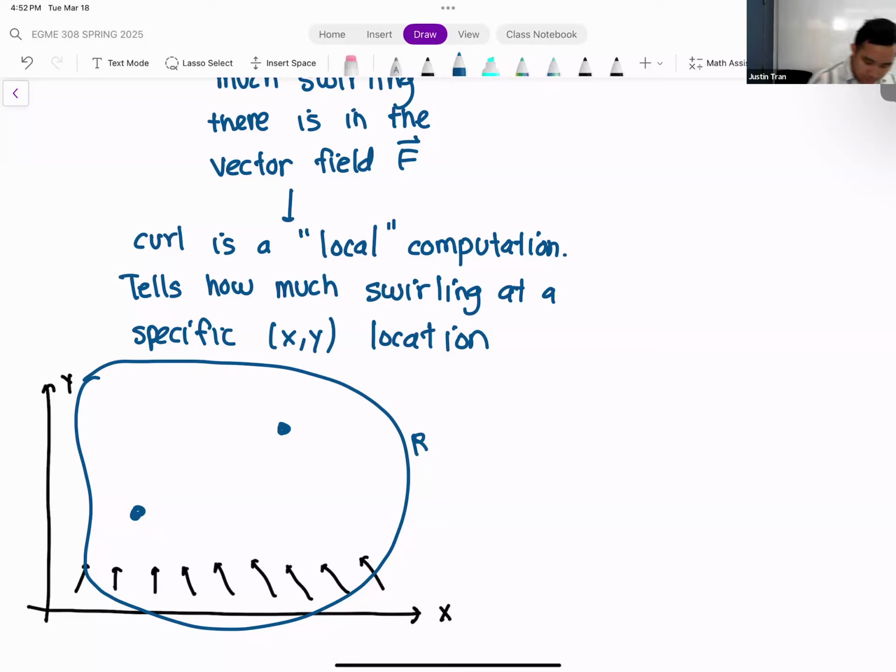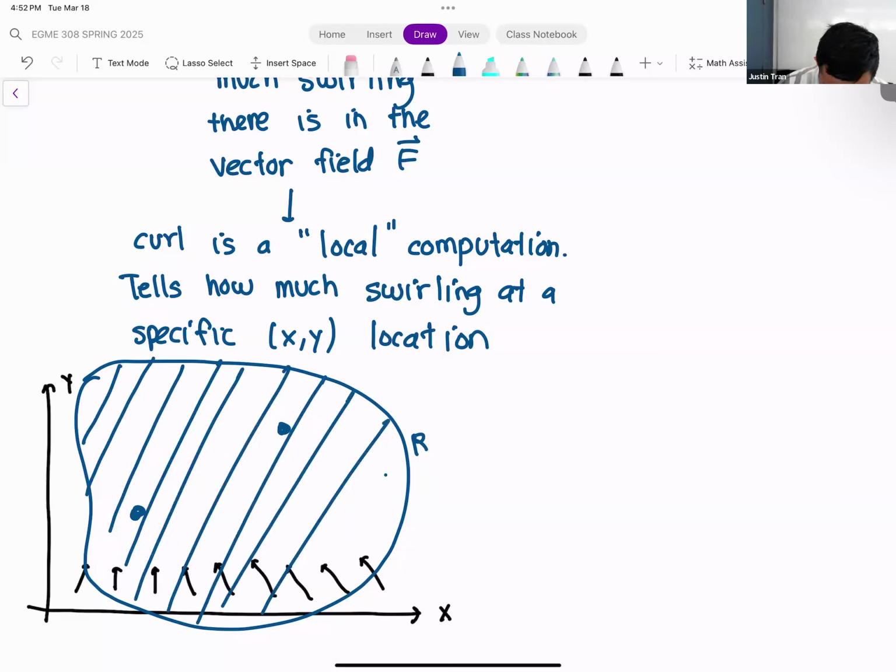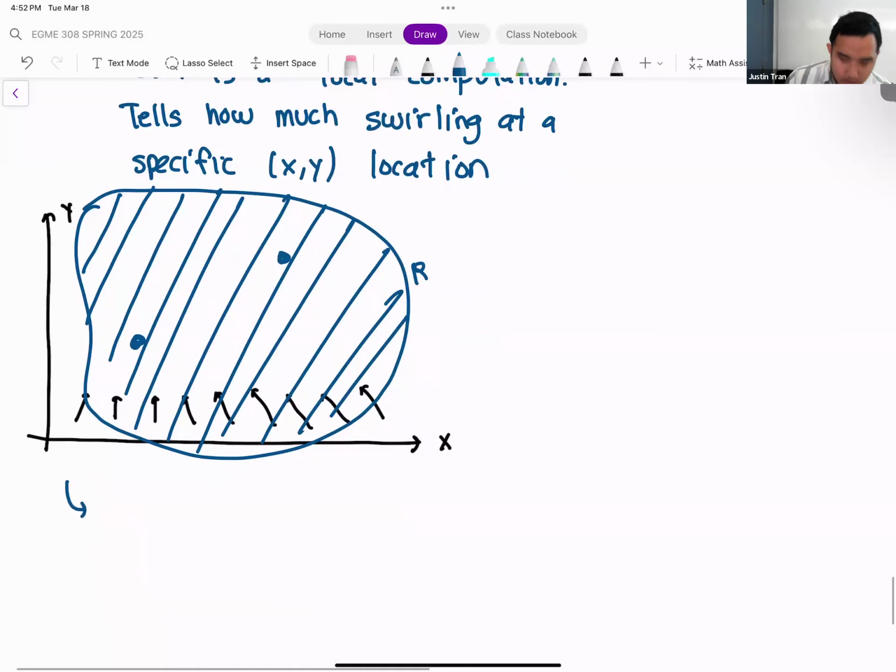So the double integral is going to sum up all of the curls occurring within that one region. That quantity is almost like the total amount of swirling, or the total amount of rotation, occurring within that region R.